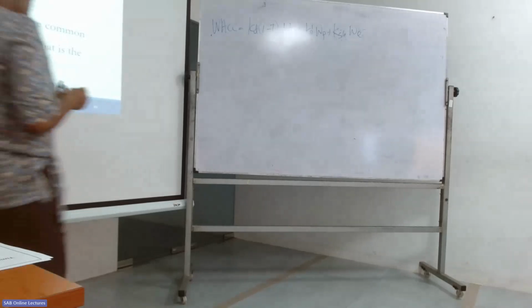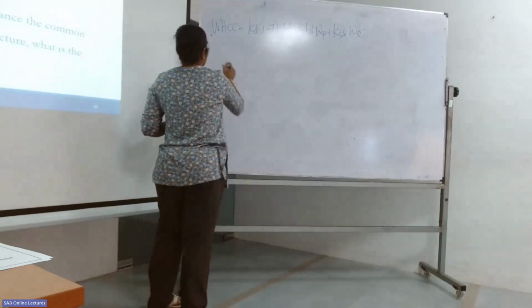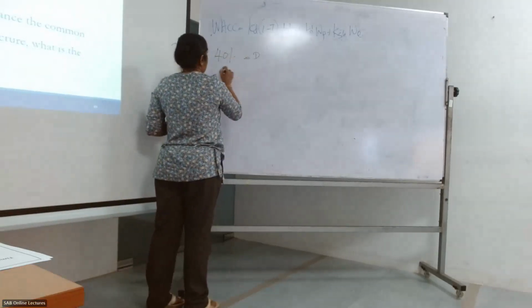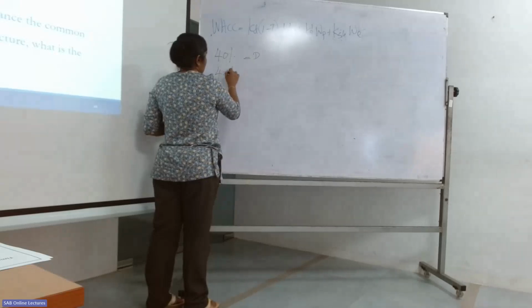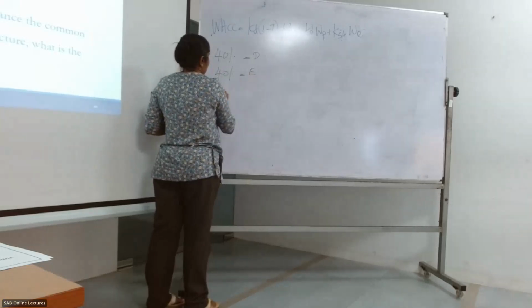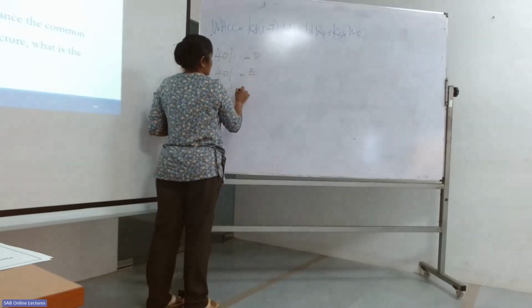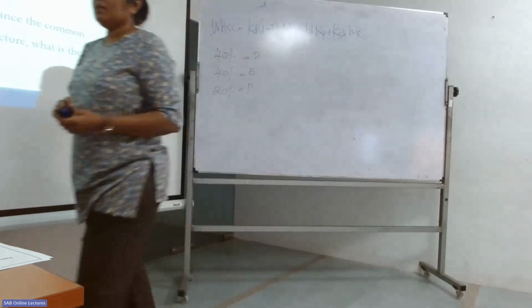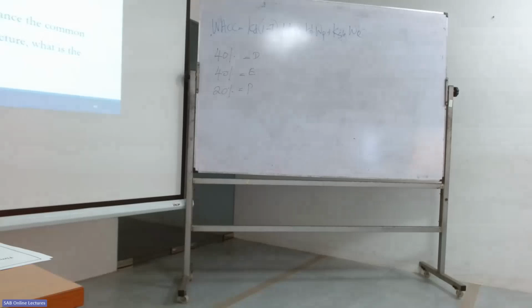So their desired capital structure is 40% from debt capital, another 40% from equity, and 20% from the preference shares.